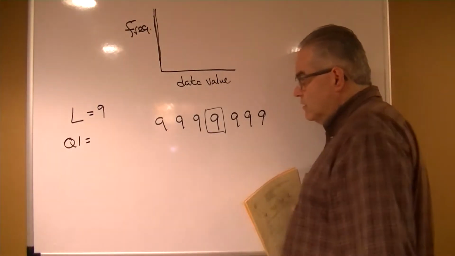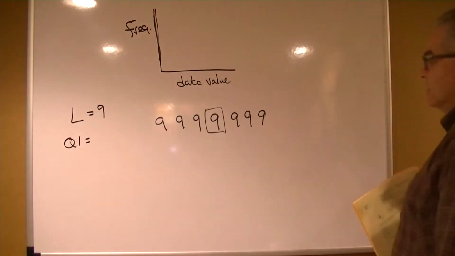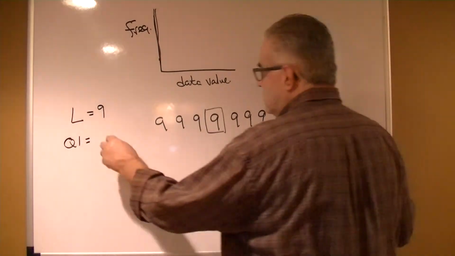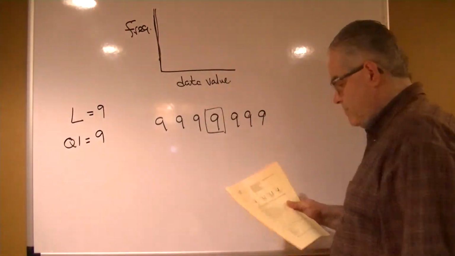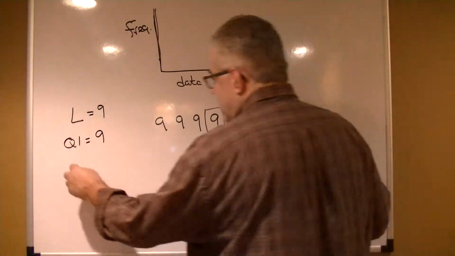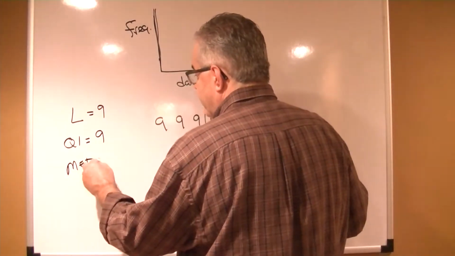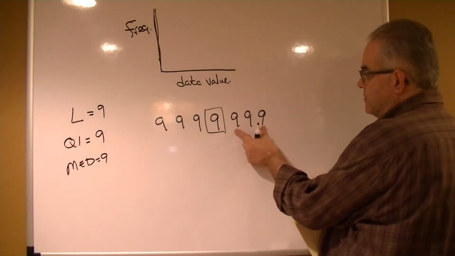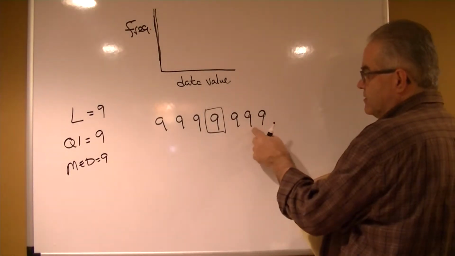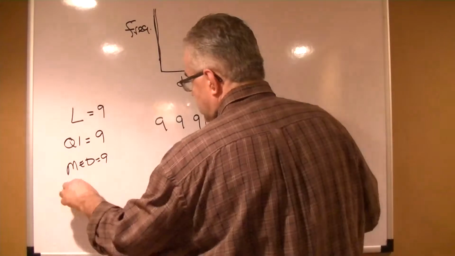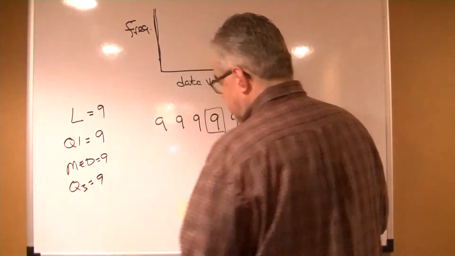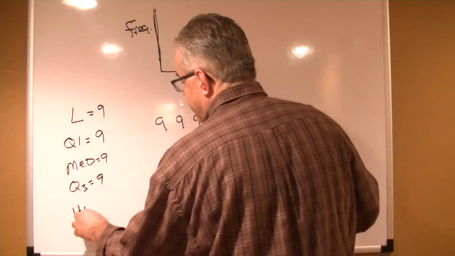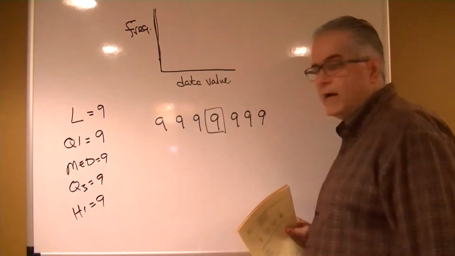That means the lower quartile is the number in between these three values, which is 9. The median we know is 9. The upper quartile is between these three numbers, so it's the one in the middle. Q3 equals 9. And then the high value equals 9.